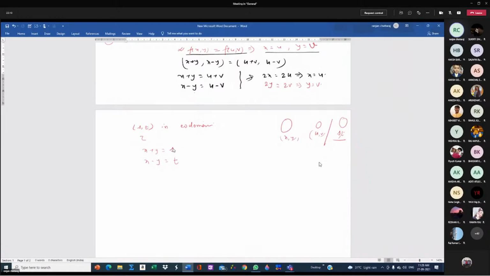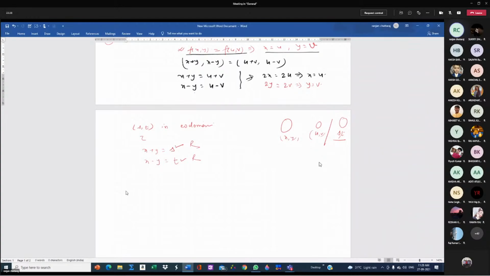Now, s belongs to R and t also belongs to R. If it is possible to express s and t in terms of x and y, that means it is onto.